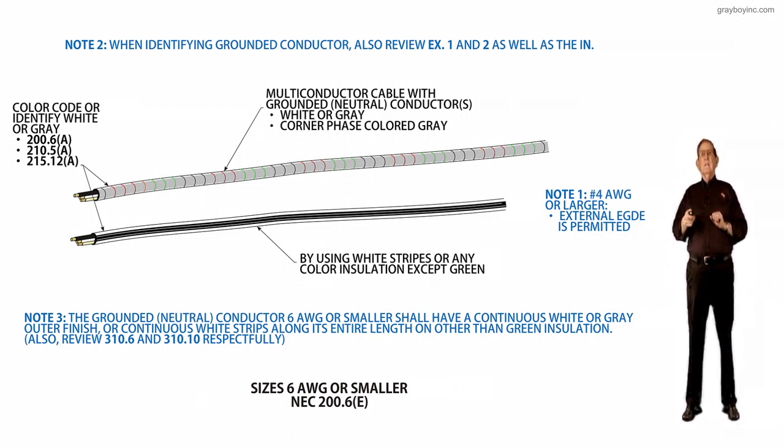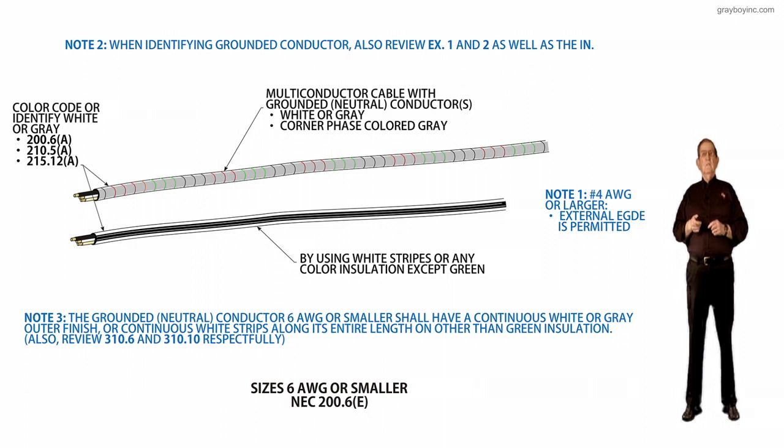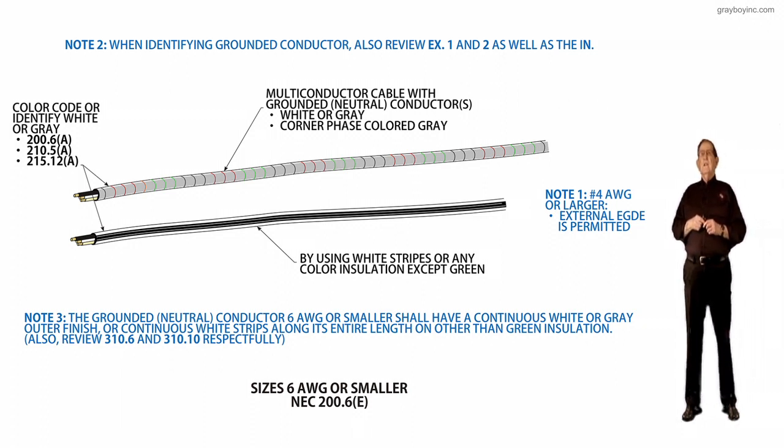And then secondly, up here, a multiple conductor cable with grounded neutral conductors, white or gray, or corner phase colored gray would be okay. And then we would look at note 2 and review it at the top. And it says, when identifying the grounded conductor, also review exceptions 1 and 2, as well as the informational note to obtain additional information on how to identify that grounded conductor.